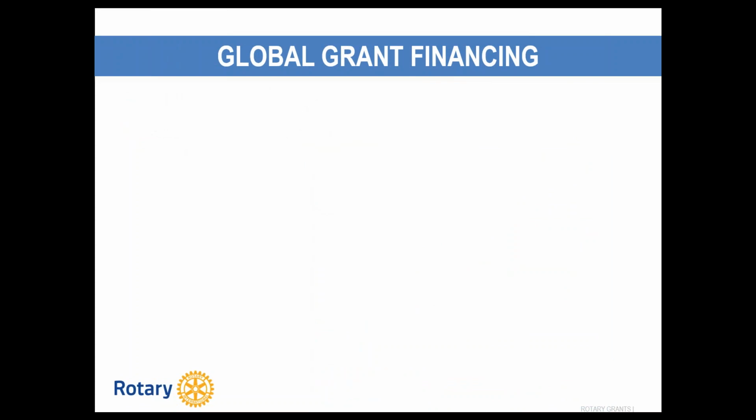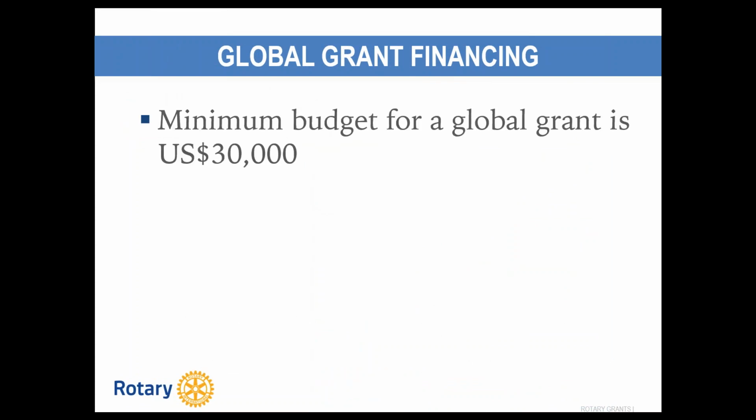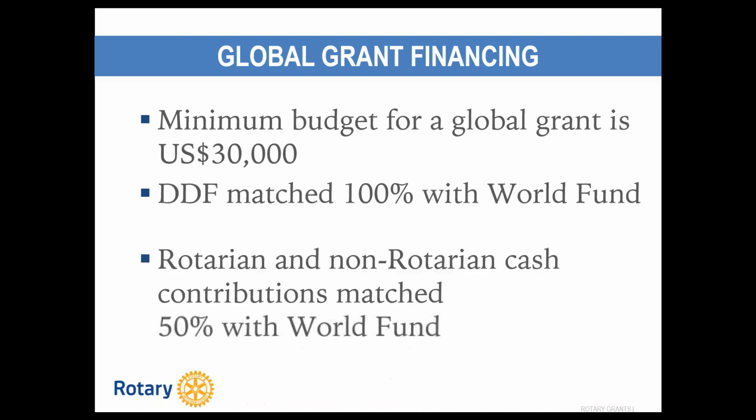Let's talk about global grant financing. The minimum total budget for a global grant project is US $30,000. Clubs and districts can contribute to the financing of a global grant using district designated funds, which are matched dollar for dollar by the Foundation's World Fund.